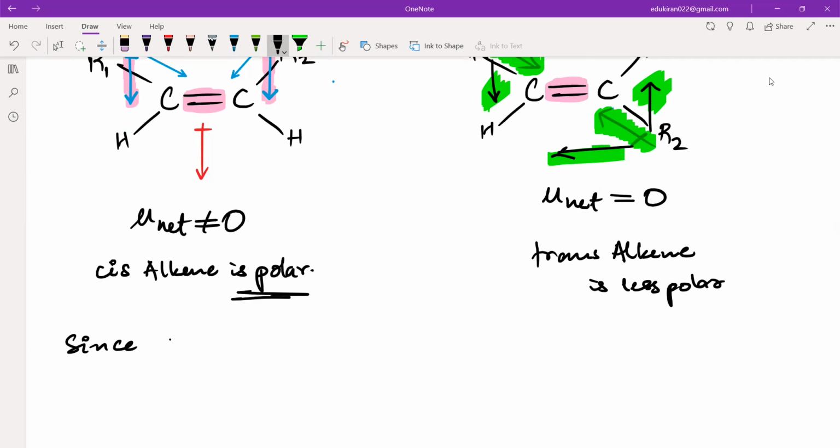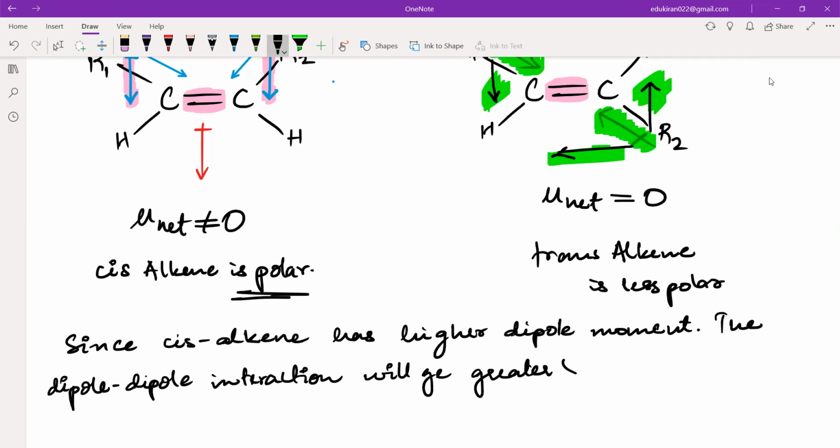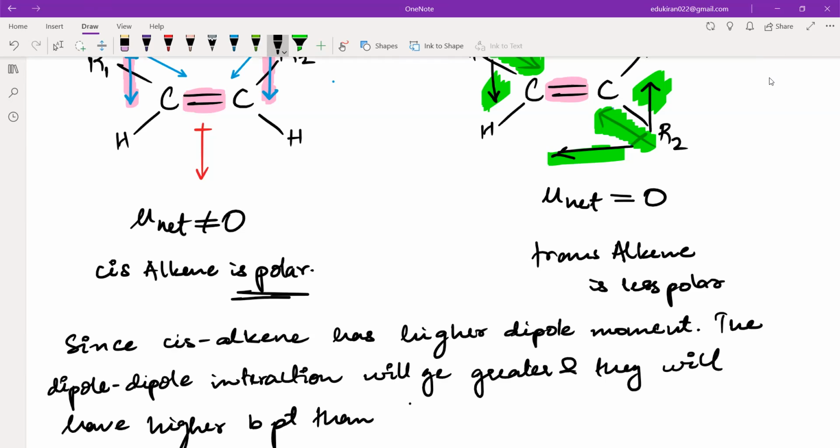Since cis alkene has higher dipole moment, the dipole-dipole interaction will be greater and they will have higher boiling point than trans alkenes.